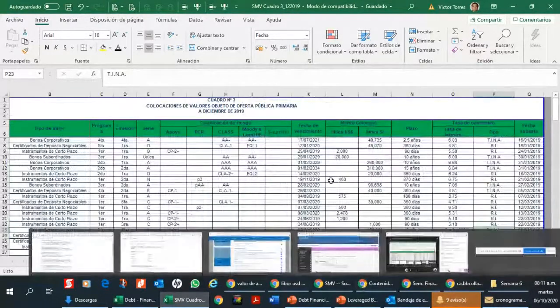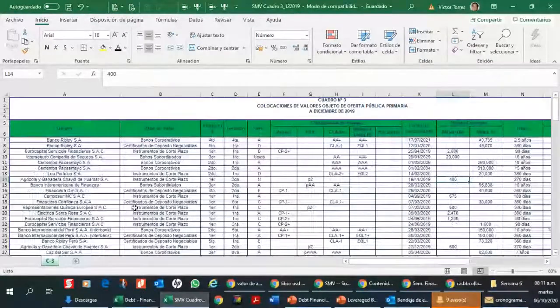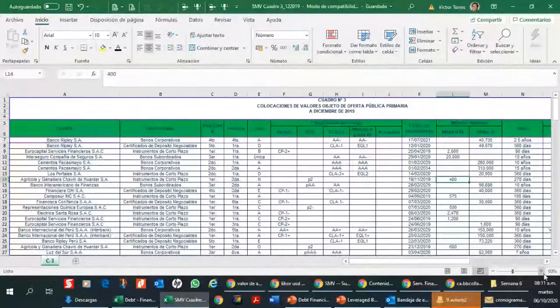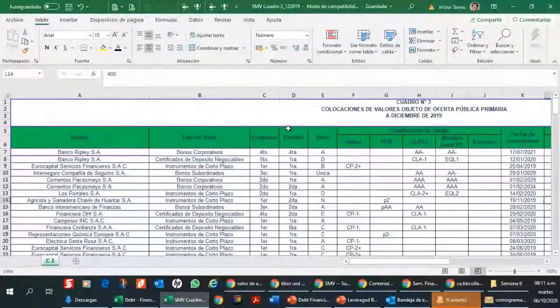What I'm showing you, and I wanted to highlight first, is the information that the Superintendencia de Mercado de Valores has available on one of its monthly reports regarding the different issuance of fixed income securities in Peru.